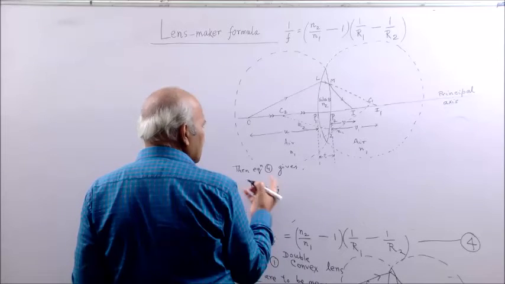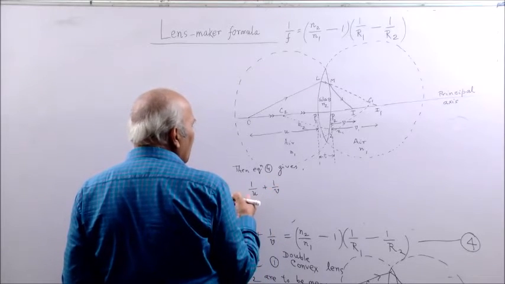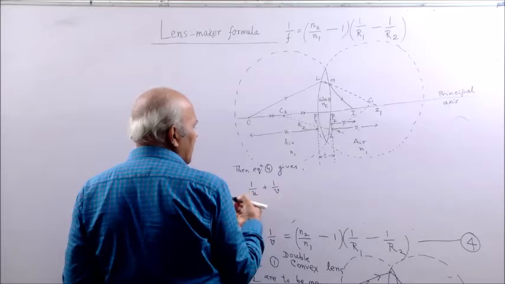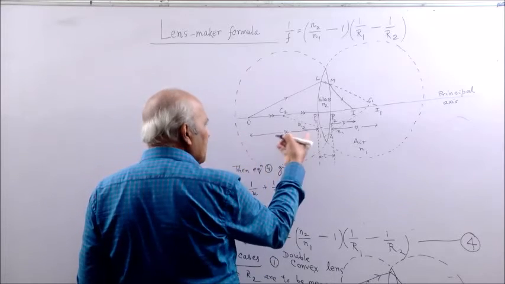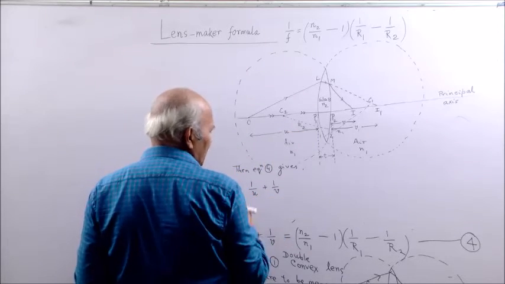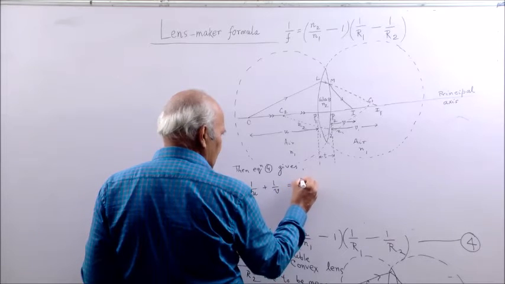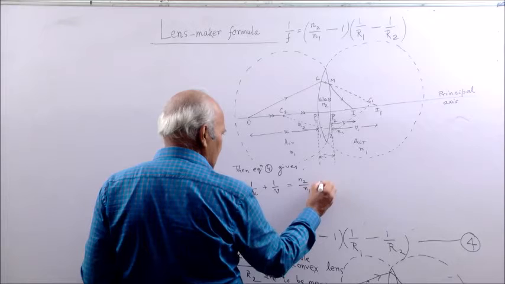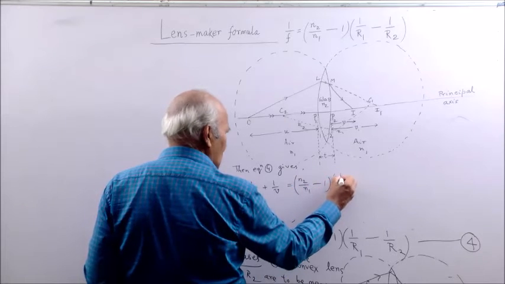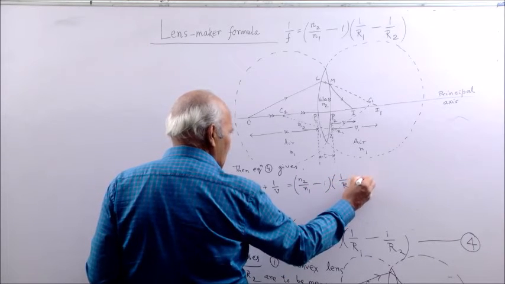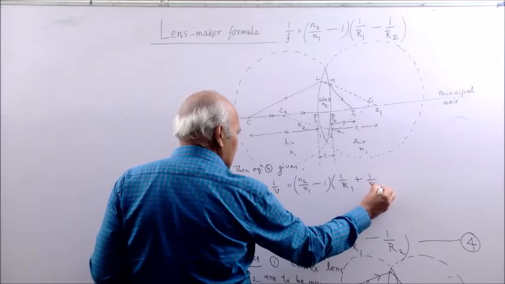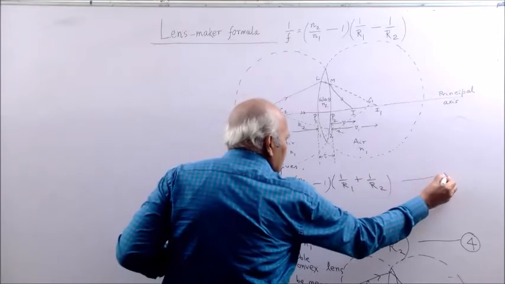Some people confuse that this is the mirror equation. It is not the mirror equation. U is negative, so it is 1 by v minus 1 by u. We have not written it because u data is not given, so we have written like this. Where u is negative, it is understood. So, it is n2 by n1 minus 1 into 1 by r1 plus 1 by r2. This is 5.